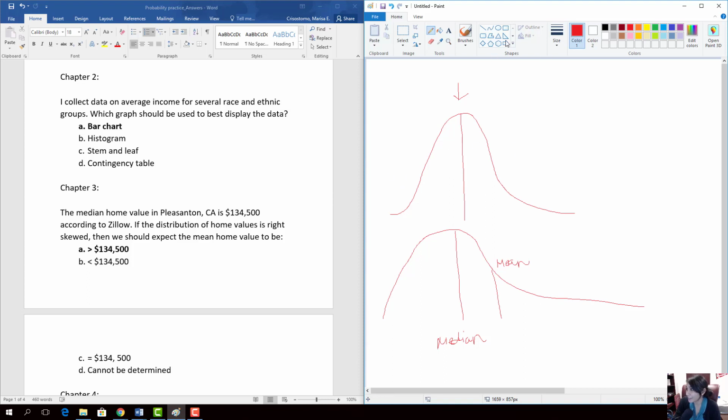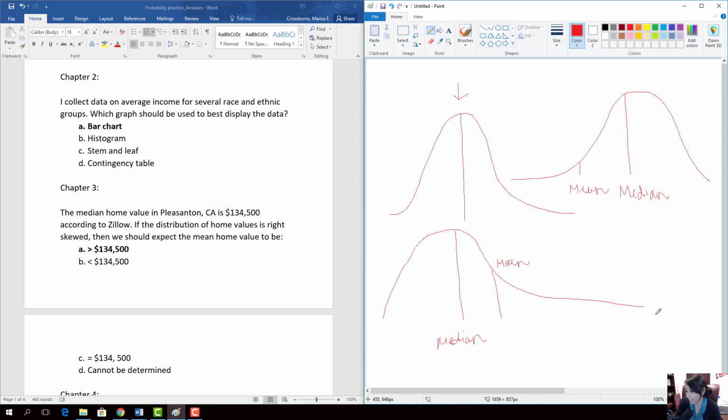And if we have a left skewed distribution, it goes like this, we have some lower values over here pulling our mean towards the tail. There's our mean, and our median's probably right here. Okay, so in this case, we have a right skewed distribution.